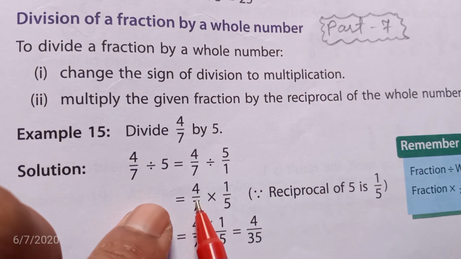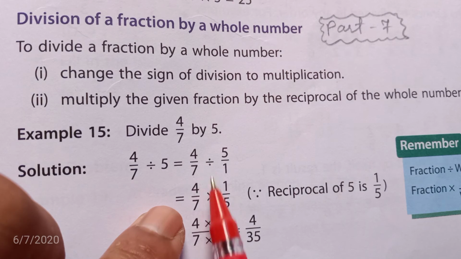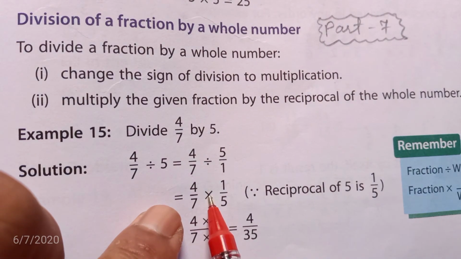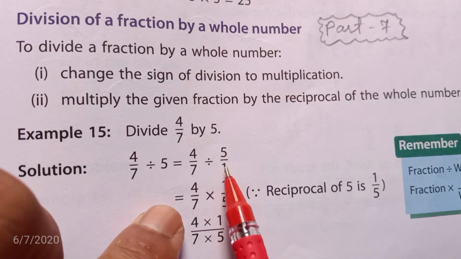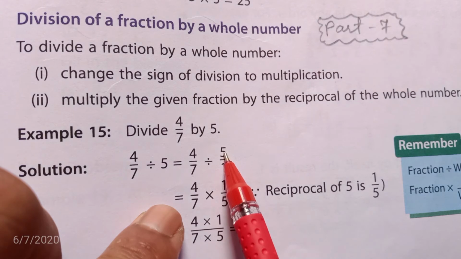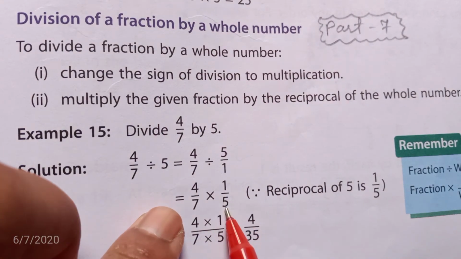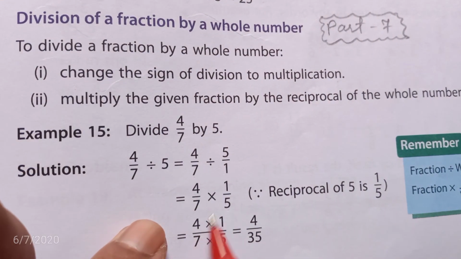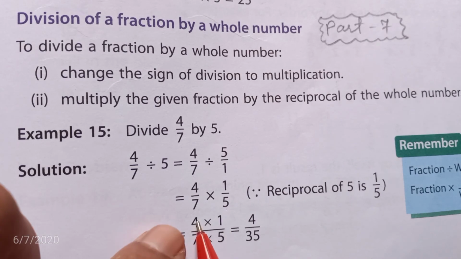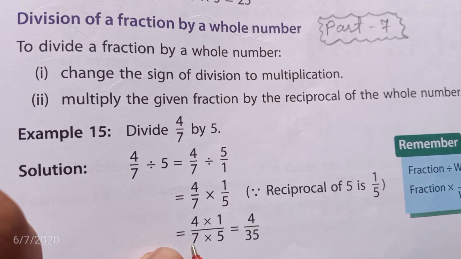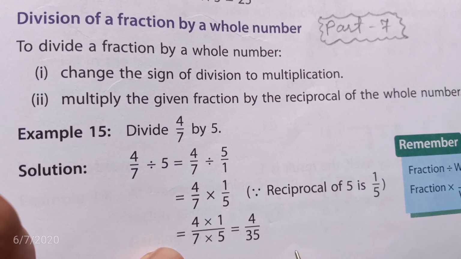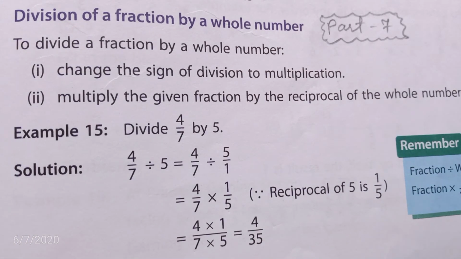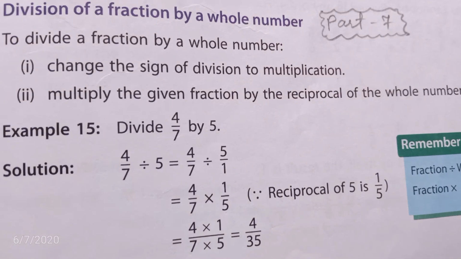Now the divide sign of 4 by 7 changes into a multiply sign, and 5 by 1 changes to 1 by 5, meaning the reciprocal of 5 by 1 is 1 by 5. So 4 by 7 into 1 by 5 equals 4 ones are 4, divided by 7 fives are 35. Thus 4 by 35 is the answer.